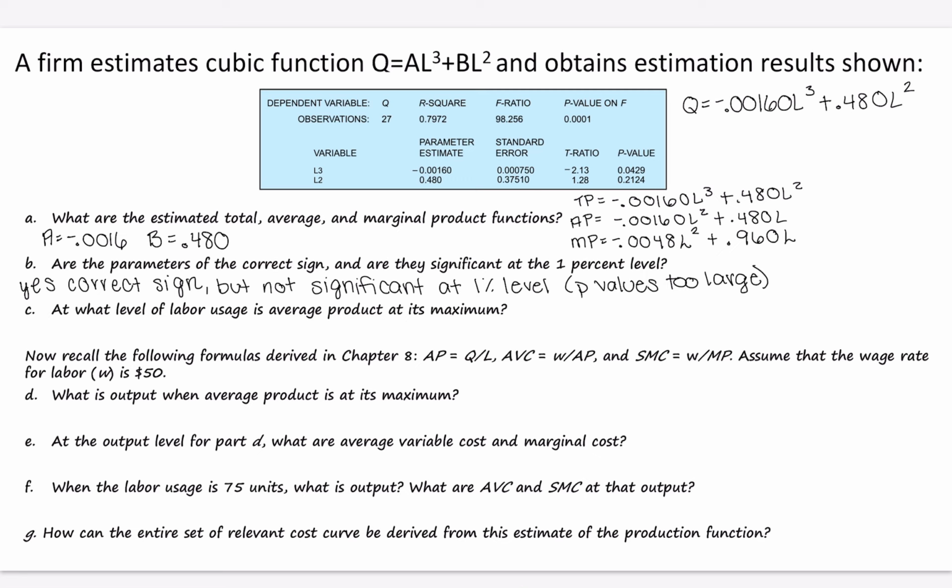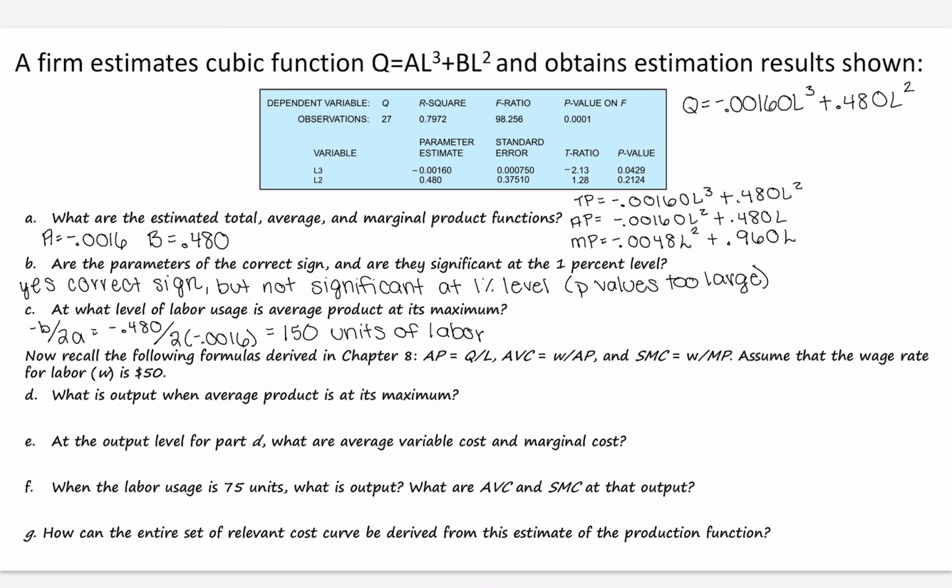At what level of labor is average product at its maximum? We're going to use negative b over 2a, which is going to be negative 0.480 divided by 2 times negative 0.0016, which gives us 150 units of labor.